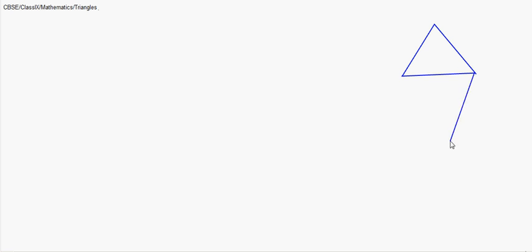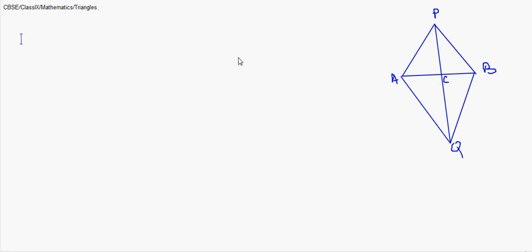You'll also come across questions when you have to draw your own figure. It says this is P and Q, this is A and B, and here is a point of intersection I need to draw. This is C.